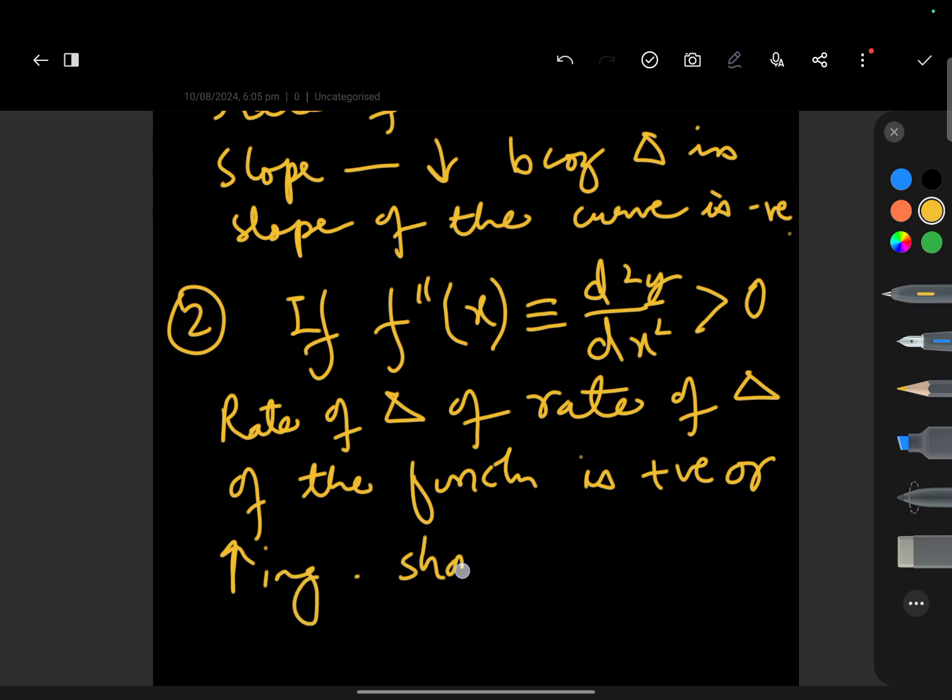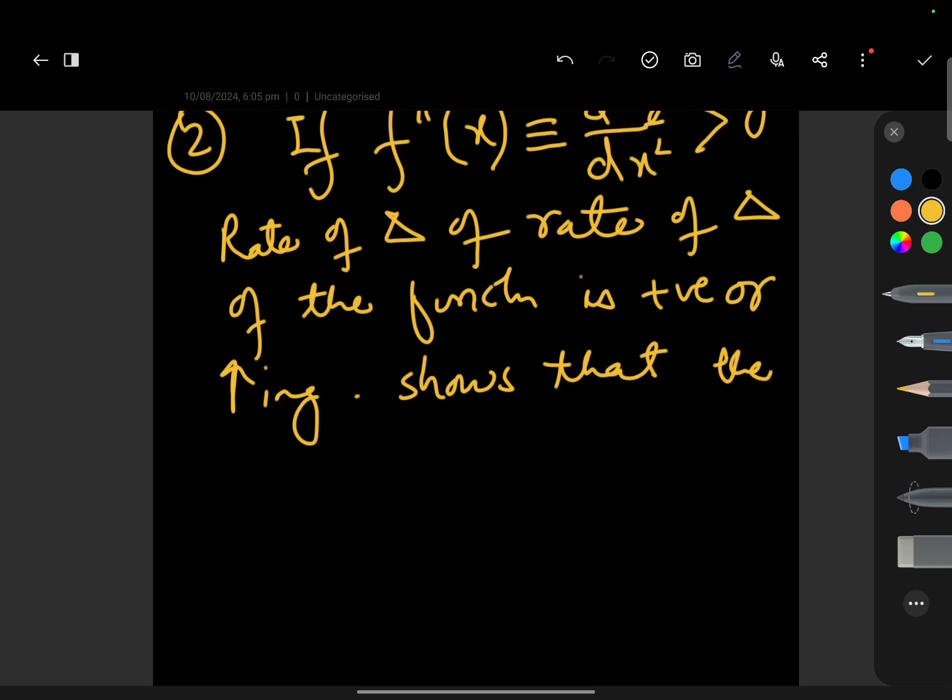It shows that the slope of the curve tends to increase. When the rate of change is positive, the slope is increasing.